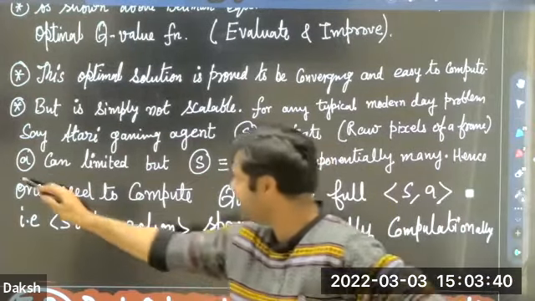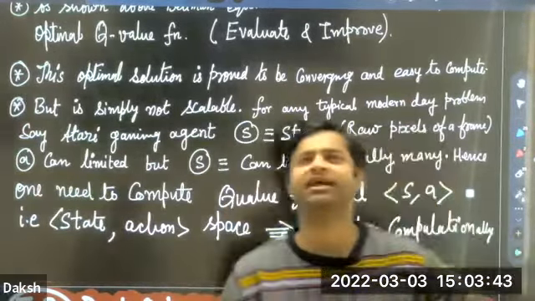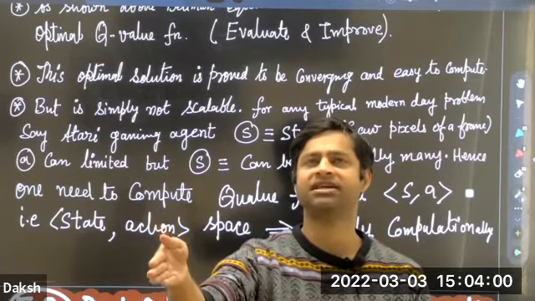In fact, your actions can be limited several times, if you are playing a simple Atari game: left, right, top, bottom, or maybe a few more angles. But several times your action space is not discrete, and you have a continuous action space, like a robotic hand: how far, how much it has to move.